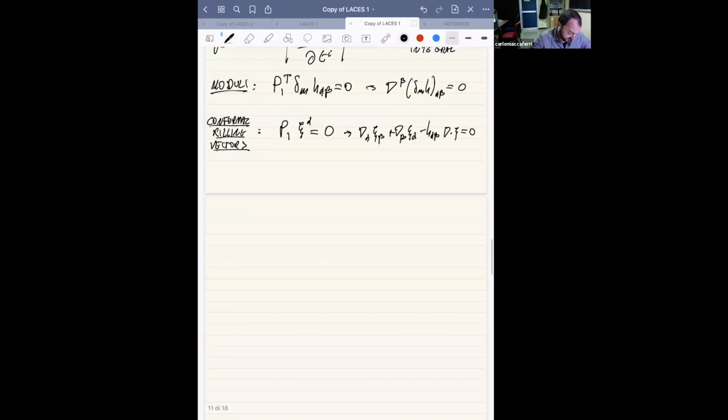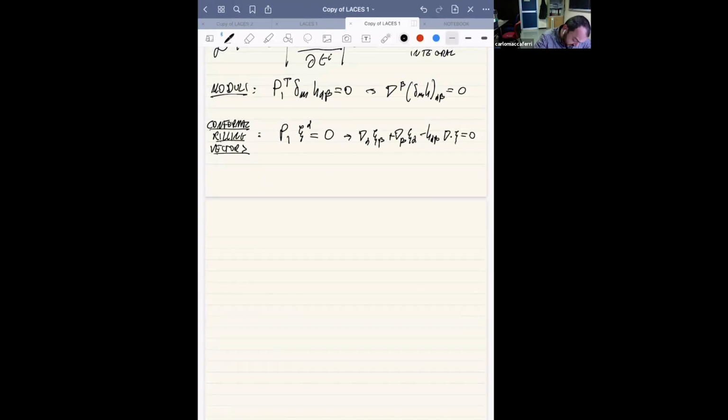The dimensions of these two are related by a theorem that I'm just going to mention, the Riemann-Roch theorem, which says the following: the dimension of the kernel of P1 transpose, that is the dimension of the moduli space, minus the dimension of the kernel of P1, which is the number of linearly independent conformal Killing vectors, is a topological invariant on any two-dimensional surface and only depends on the topology of the surface.